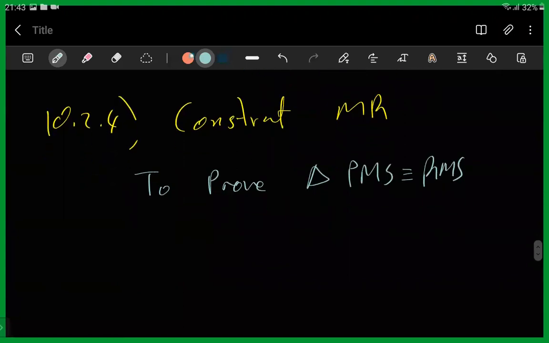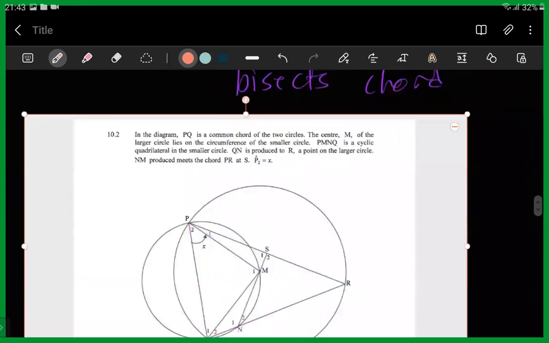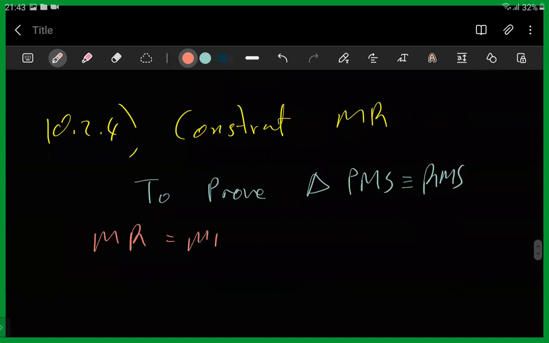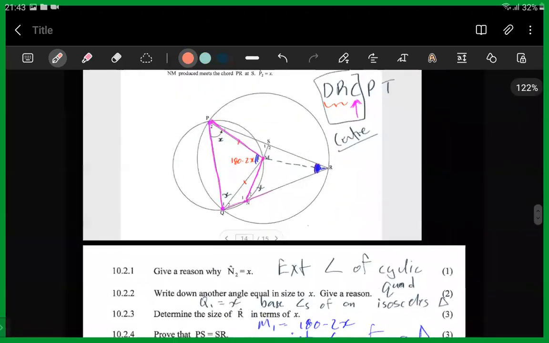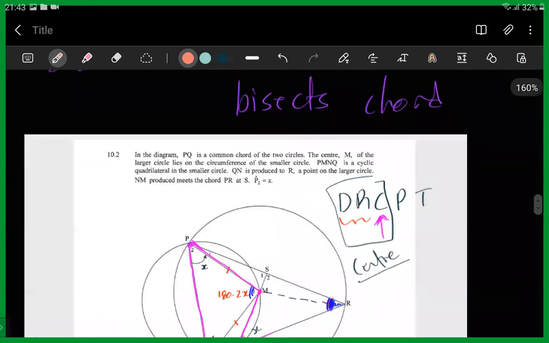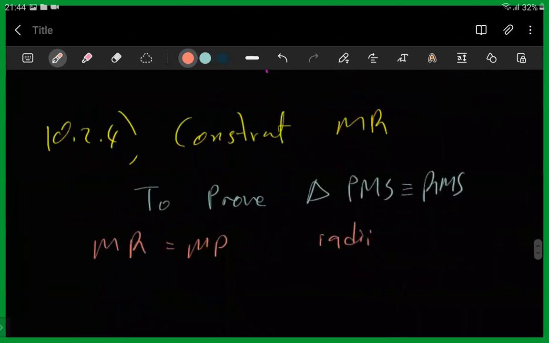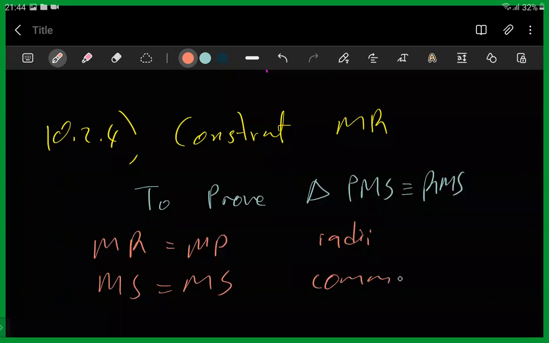The first thing we're going to state is that MR is equal to MP because they are radii. And then what's the next thing we can mention? MS is common. Common side.